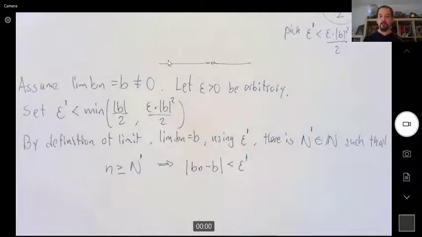Correct? All right, and then it's just a matter of rewriting all the steps that we did in our discovery step in the correct order, right?